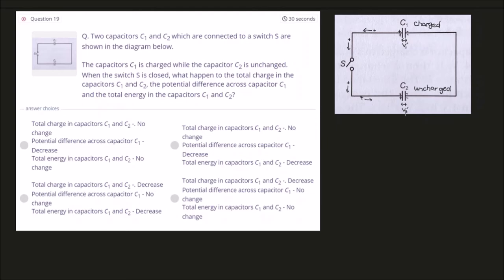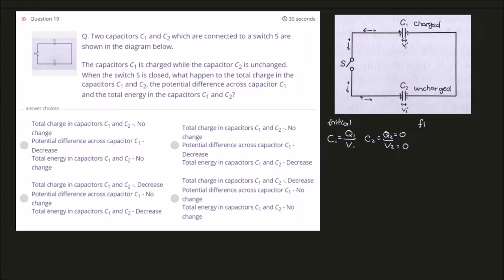So those are the information that we know. Let's try and write down everything that we know. The initial situation, let's write it clearly. C1 is equal to Q1 over V1, whereas C2 is equal to Q2 over V2, but because C2 is uncharged, Q2 and V2 will both be equal to 0.